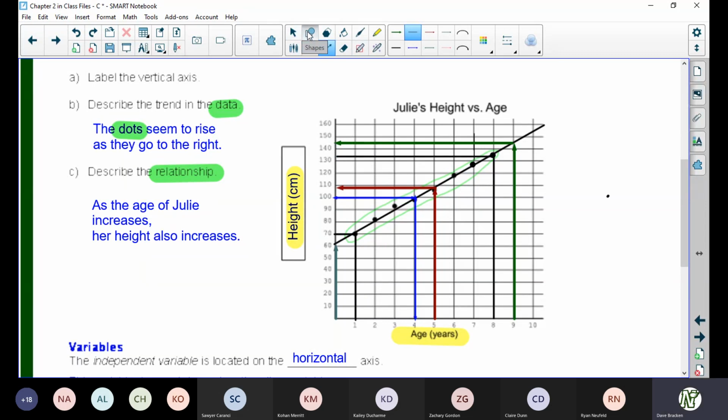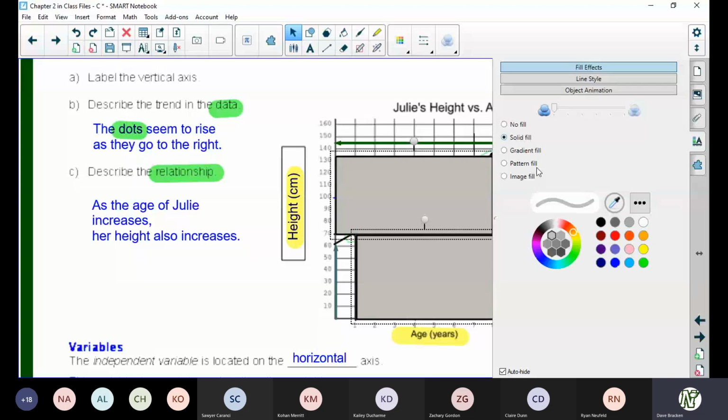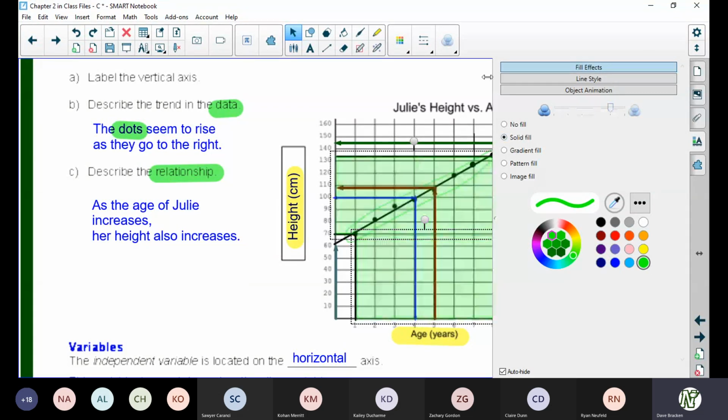So without getting too crazy here, if I were to grab my rectangular tool and start up in this corner and go all the way down to here and across, and then start here and go over and up, I'm going to take these two, this one, and those two, and I'm going to do a solid fill of green, but I'm going to fade them out a bit.